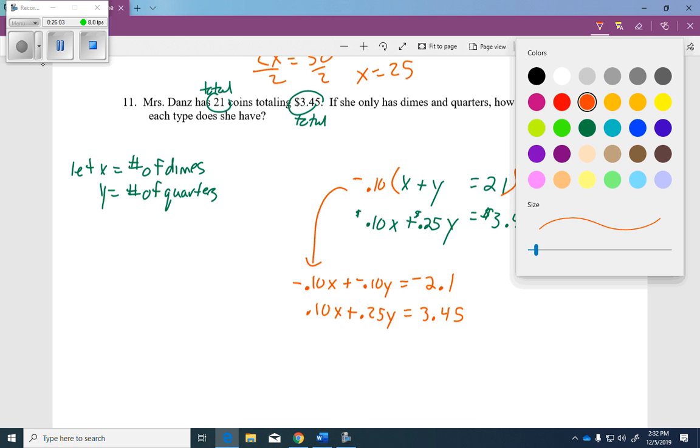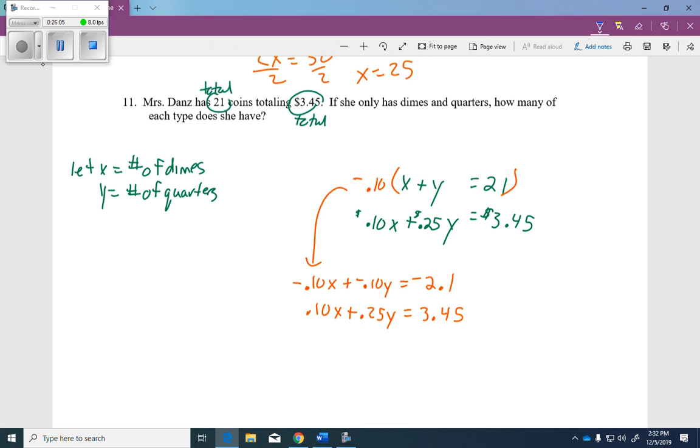And then I can add these equations together. The x's are eliminated. I'm left with 0.15y equals $1.35. Divide both sides by 0.15.